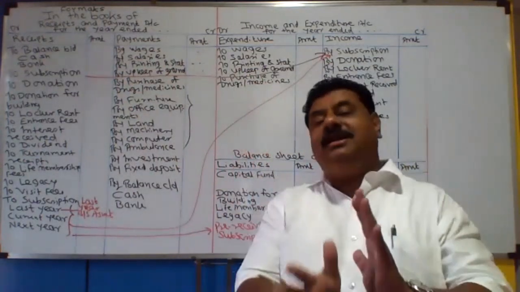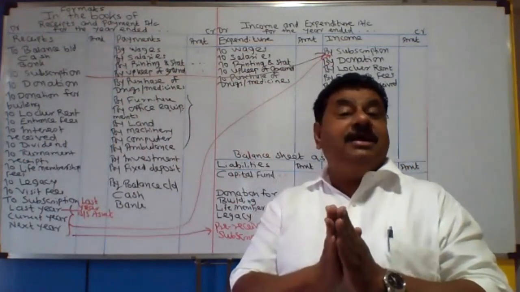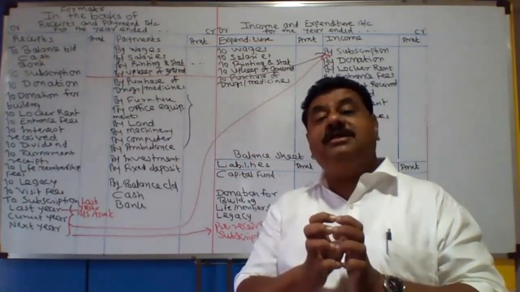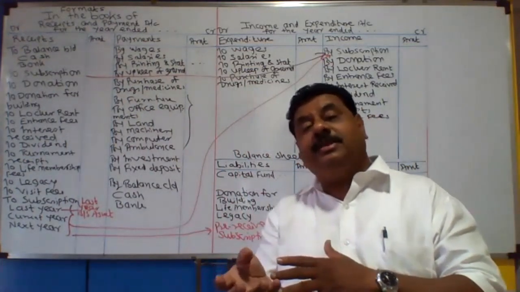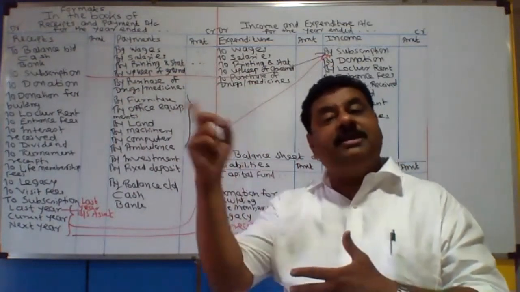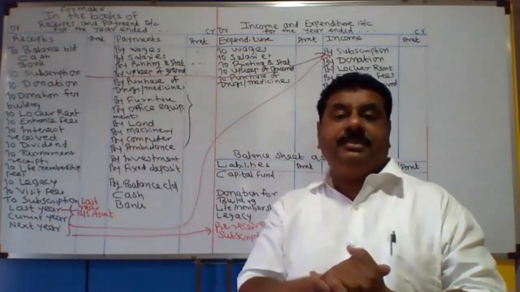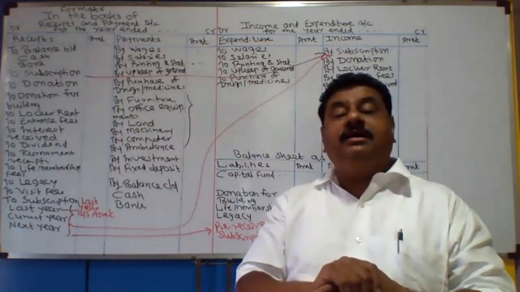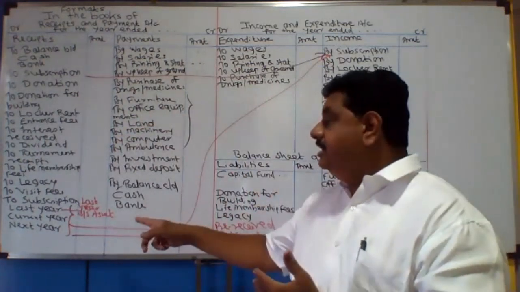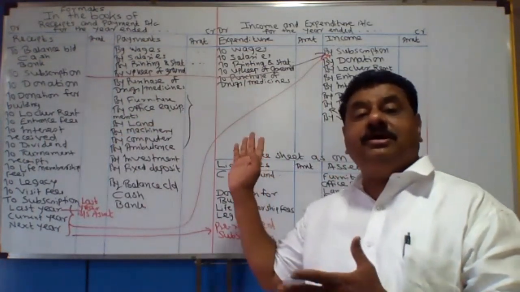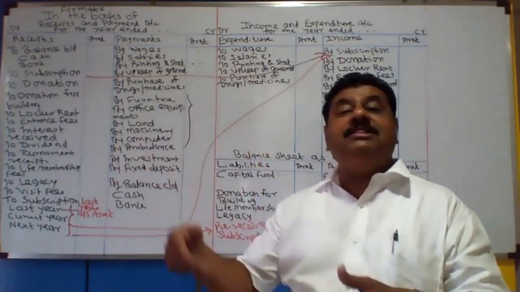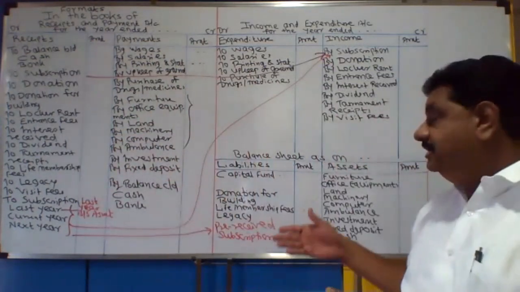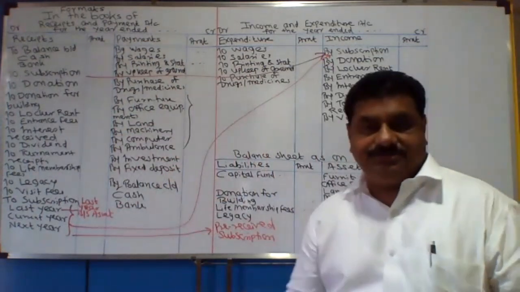So what exactly I want to point out here is that last year outstanding, whether expenses or income, will appear in the last year balance sheet. Current year will appear in the income and expenditure account. And next year will appear in the current year balance sheet, either liabilities or assets.